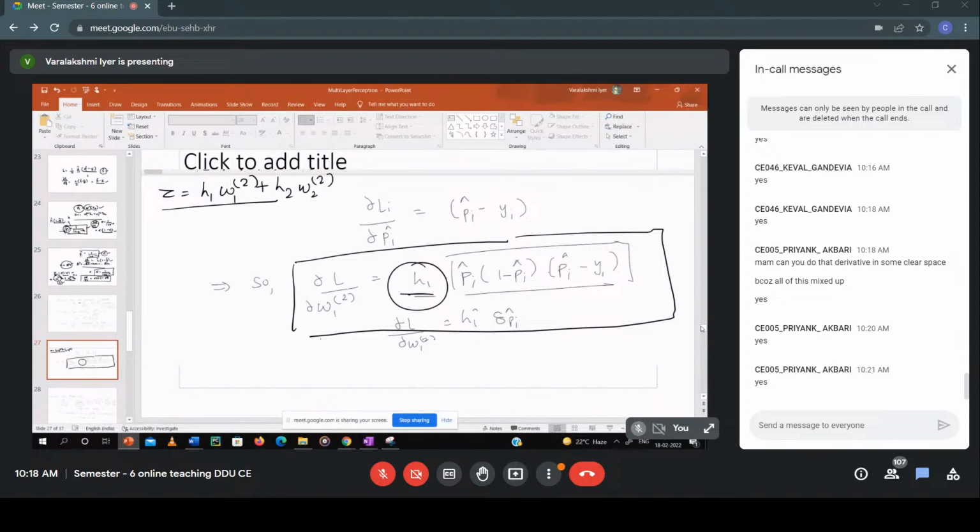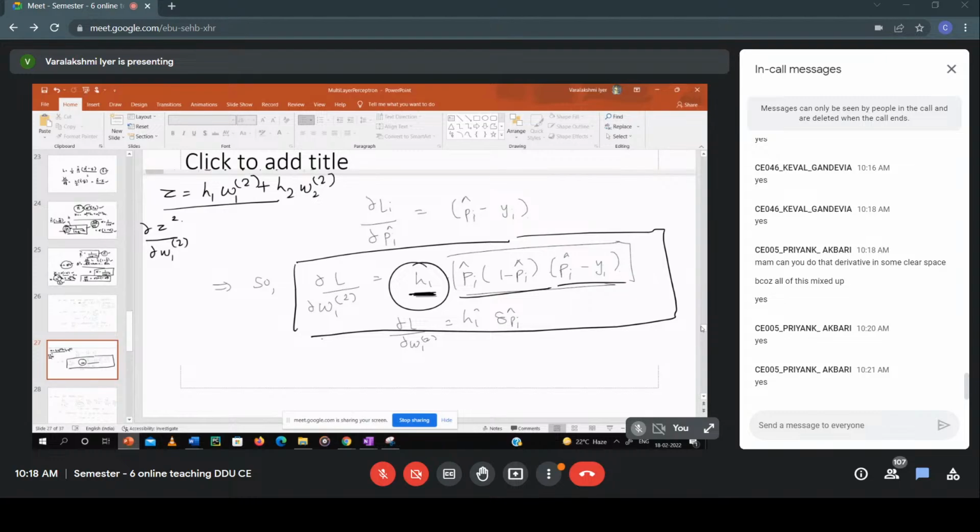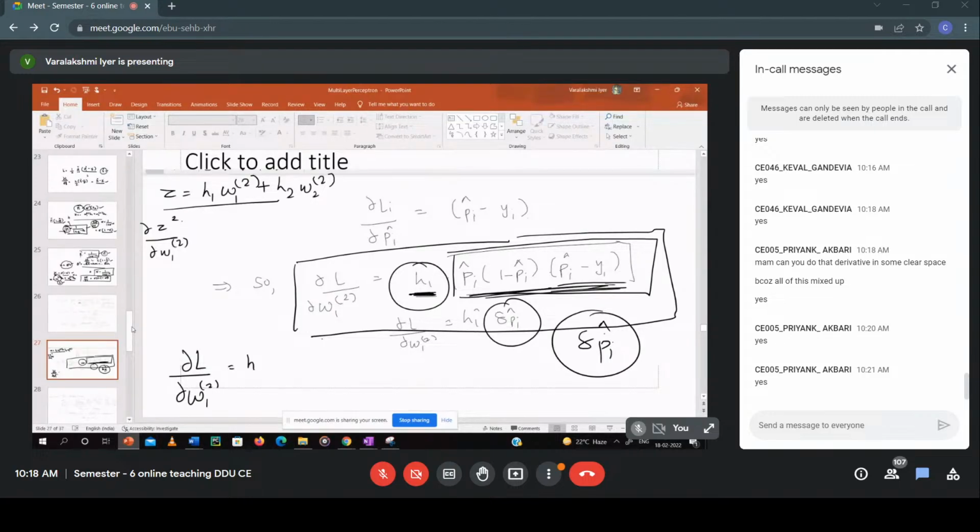So del Z upon del W12 is H1, times Pi hat into 1 minus Pi hat, and Pi hat minus Yi. I'm calling this particular term del Pi hat. So the gradient associated with W12 is equal to H1 into del Pi hat.